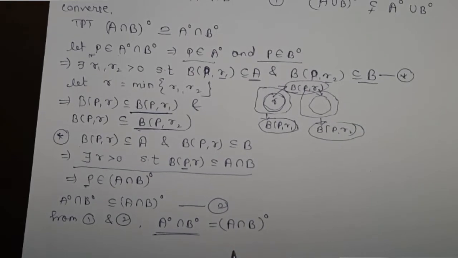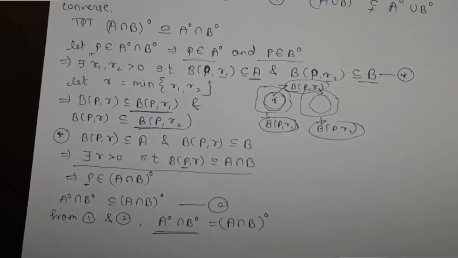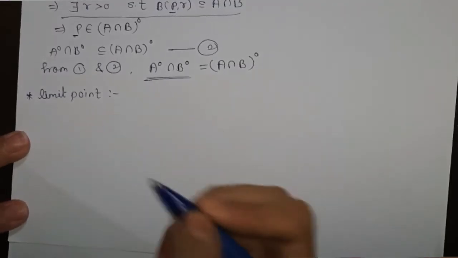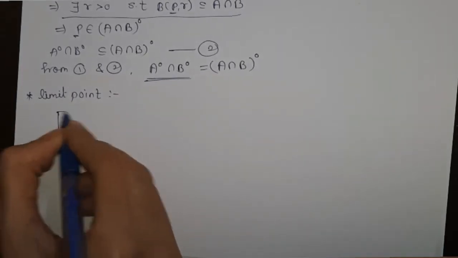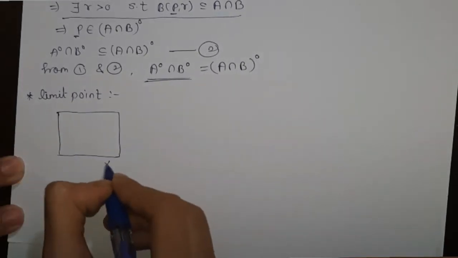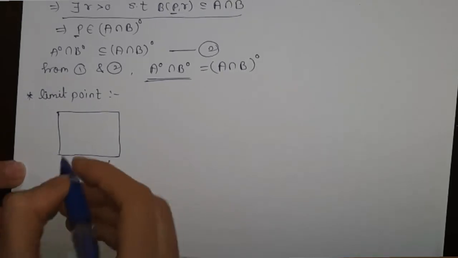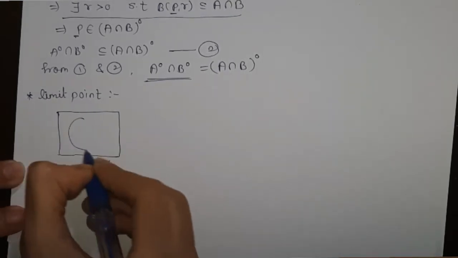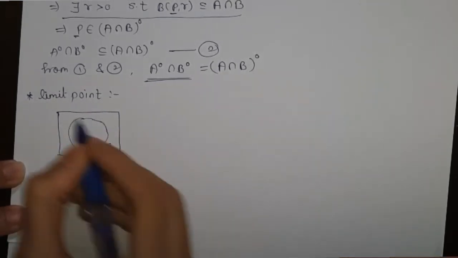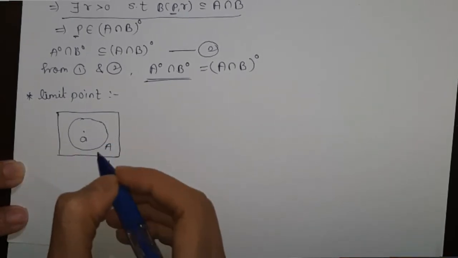Now let's look at a limit point. What is a limit point? Say this is X, and from this we are taking A, and again we have one point a.